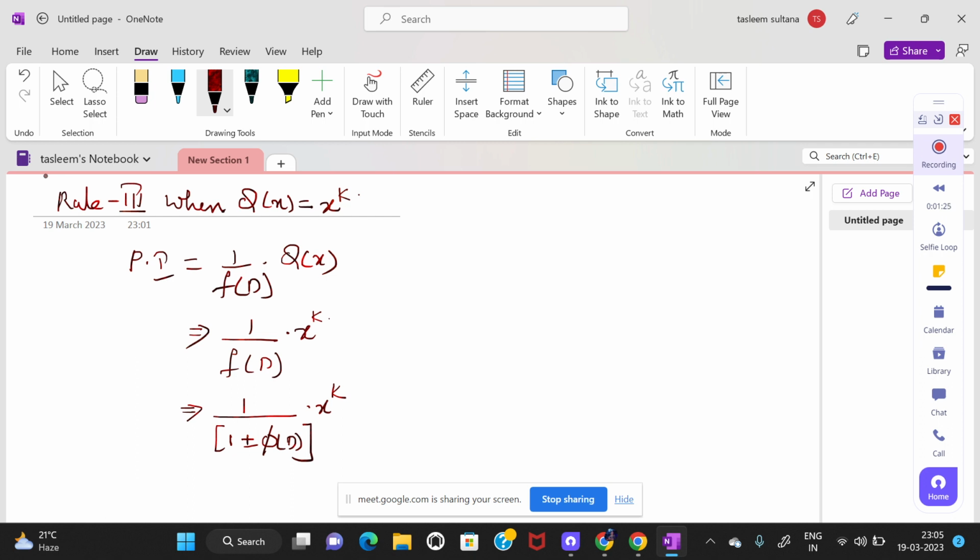After that, you take this denominator part to the numerator, so it becomes 1 plus or minus phi of D whole to the power of minus 1 into x to the power of k.